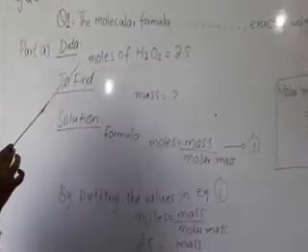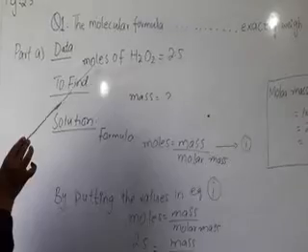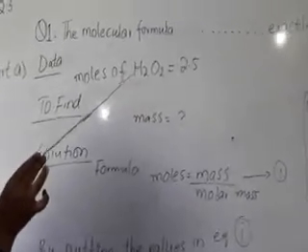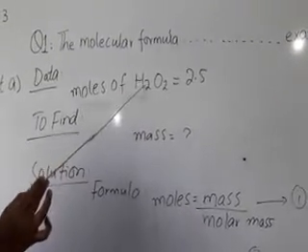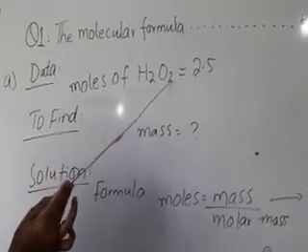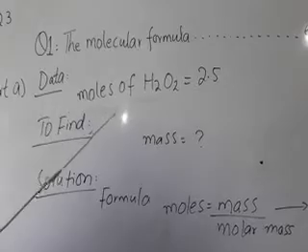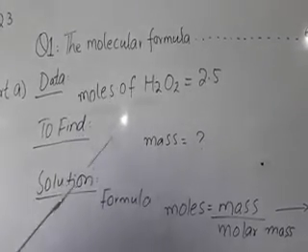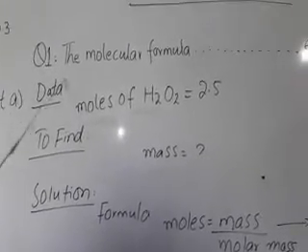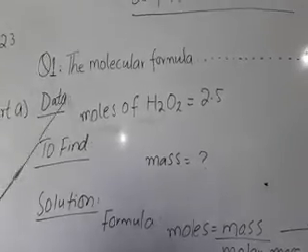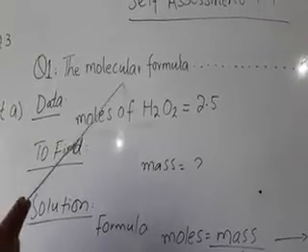As we read in the question, in part A, you are given the moles of hydrogen peroxide, that is H2O2. So, to solve the numerical, we have to follow the proper method, the proper strategy. First of all, you have to write the data. What is data? It is the given information in the question.